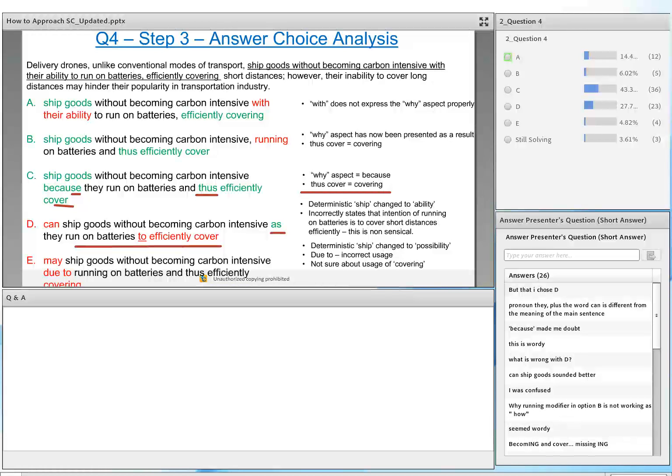Because in choice D, the role has completely changed, from it originally being a result of running on batteries to now, in choice D, it being the purpose. So how to handle this? The answer to all these questions is: understand the meaning, understand the role played by each and every entity.